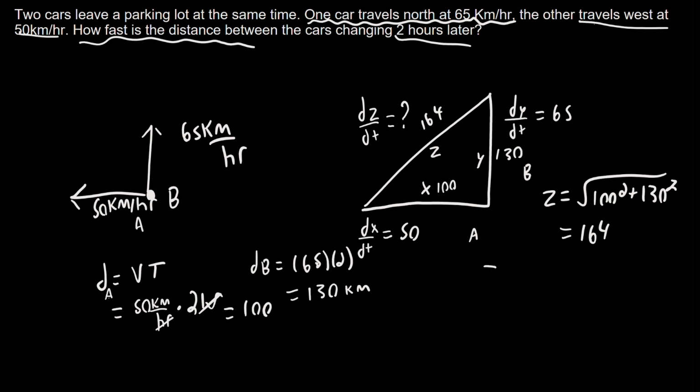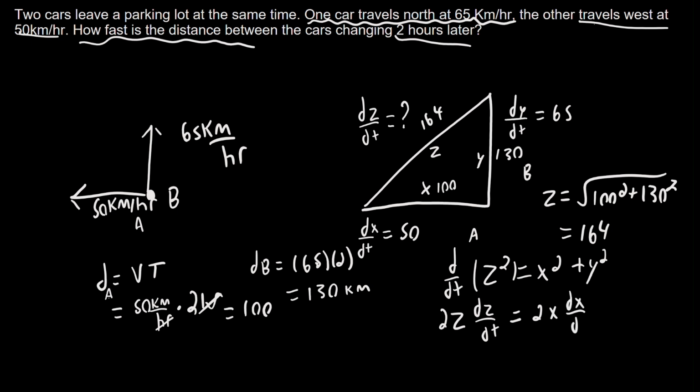Now we could set up Pythagoras. And we're going to differentiate with respect to time because we're looking for dz over dt. So 2x dx over dt plus 2y dy over dt.